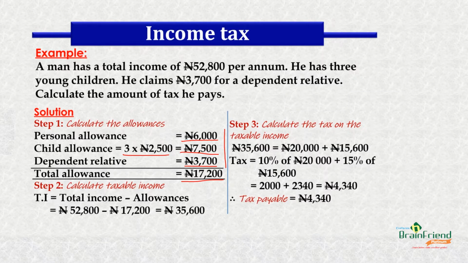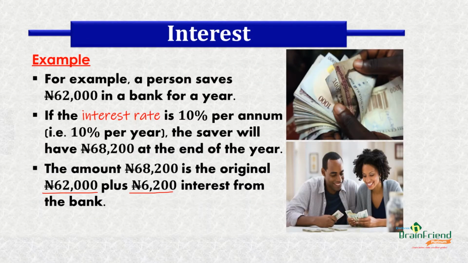Now, how do we come about this amount? It is simply the original 62,000 naira plus an interest of 6,200, which is 10% of the principal. So you see, the saver will receive 68,200 as against the 62,000 he or she saved.